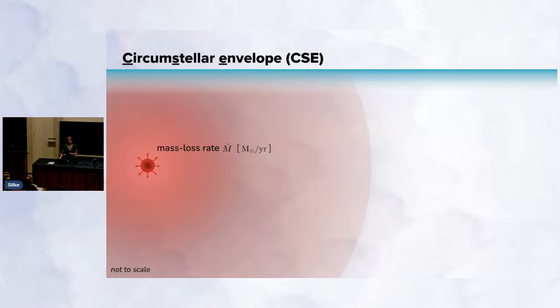Then the other important parameter for circumstellar envelopes is the expansion velocity, because this outflow is still expanding into free space, and generally it goes with a velocity of about 10 kilometers per second. That might seem like quite a high speed, but actually in astronomy it's still quite slow.